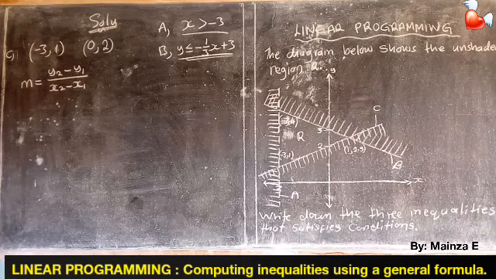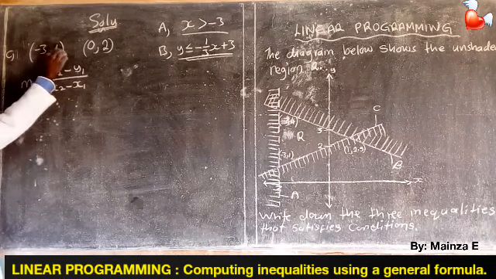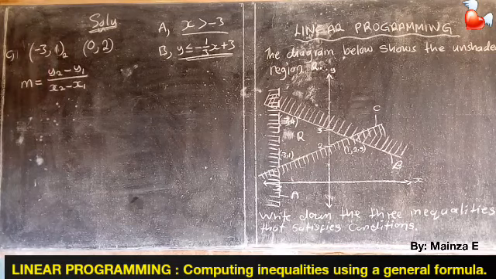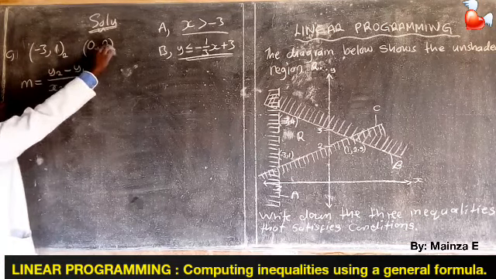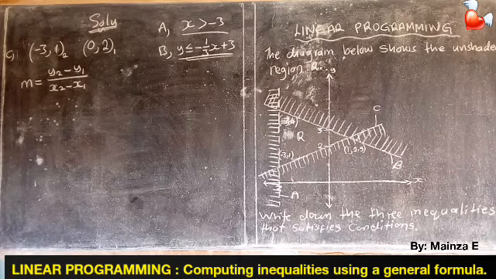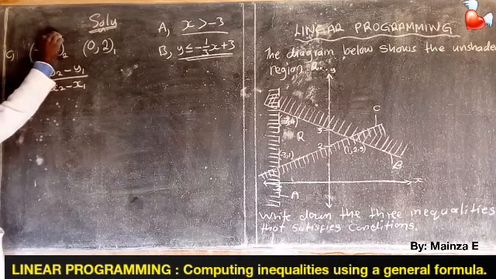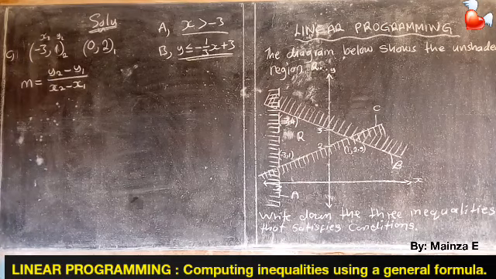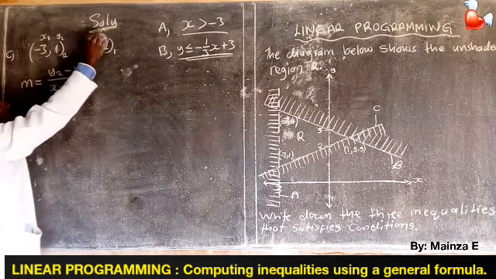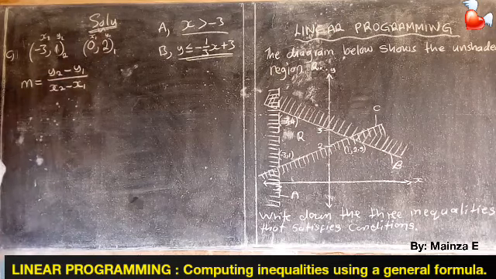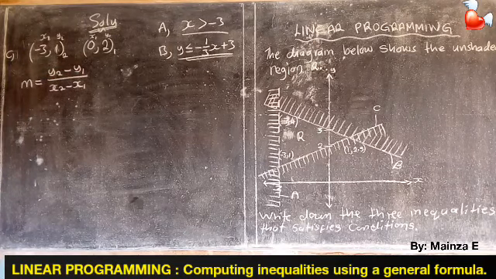So I will try to change. I'll take this one as 2. I'll take this one as 1. So on top here I'll write x2, y2, x1, y1.